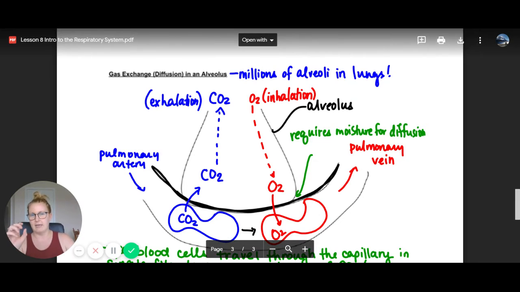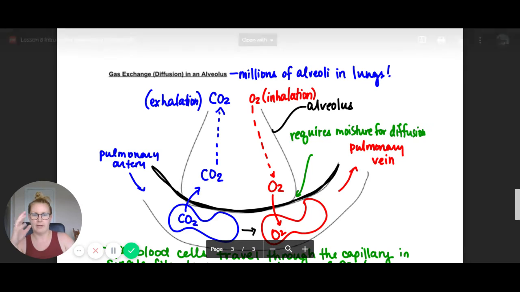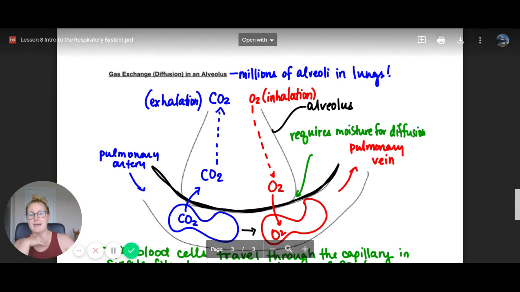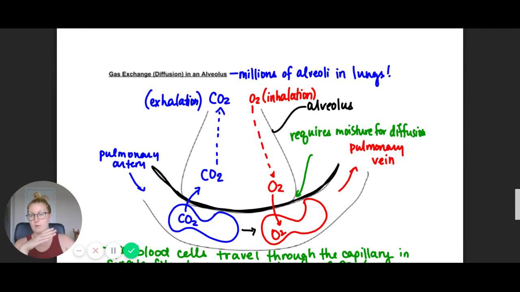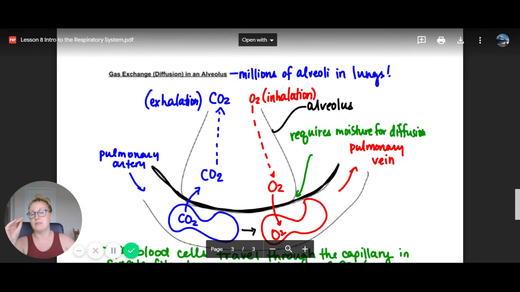There are millions of alveoli in the lungs. Here we're just looking at a single alveolus. A couple of things I want to reinforce. The alveolus is an air sac, and this sac has a very thin wall, which is just one cell in thickness. So imagine a very thin skin. That is essentially what makes this up. The same thing with this network.